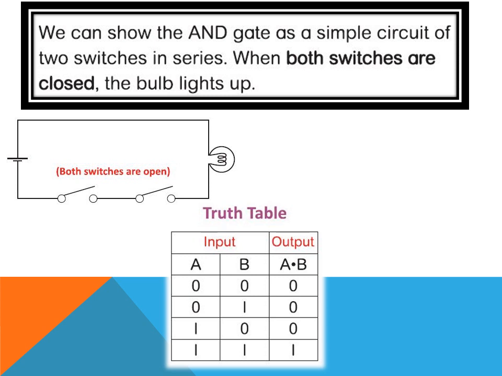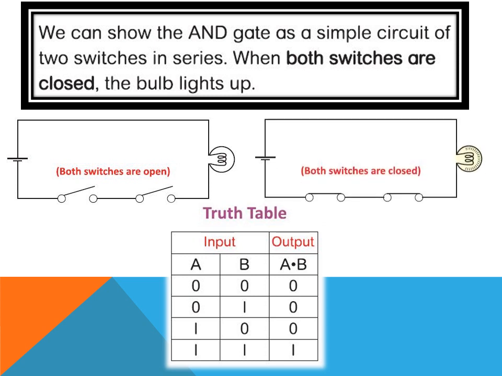If both the switches are open, then of course the light will not glow. That means the output will be 0. Now consider this, if one switch is open and one switch is closed, that means one switch is 1 and one switch is 0, then also the circuit will be broken, so the light will not glow.